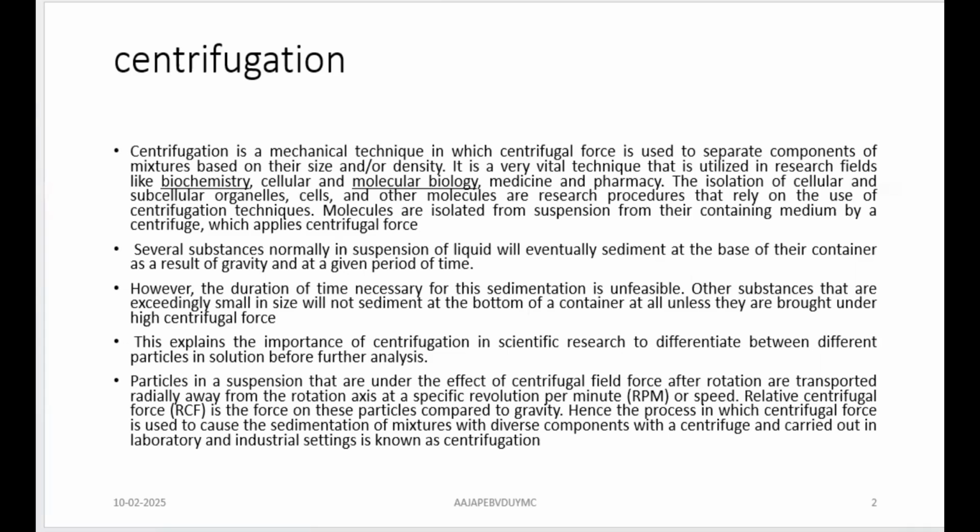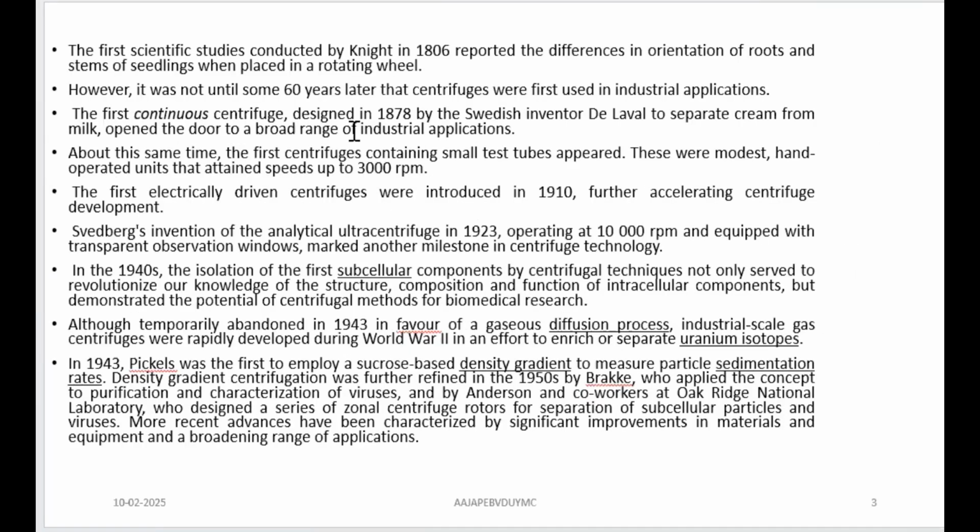So when we talk about centrifugation, the very first centrifugation technique dates back to 1806, right? Of course, after that, for 60 years, industrial application of the centrifugation technique was not that popular. The first continuous centrifuge was designed by the Swedish inventor De Laval. There is a company also named in honor of him, which is on the market.